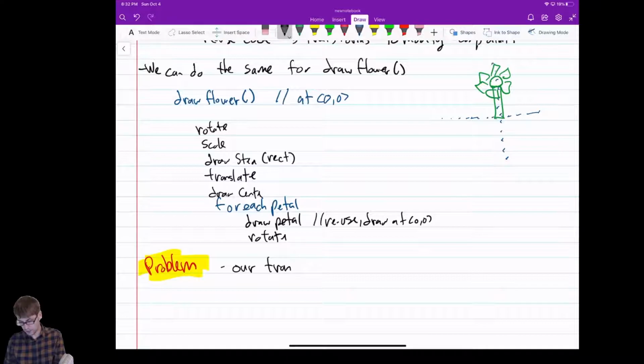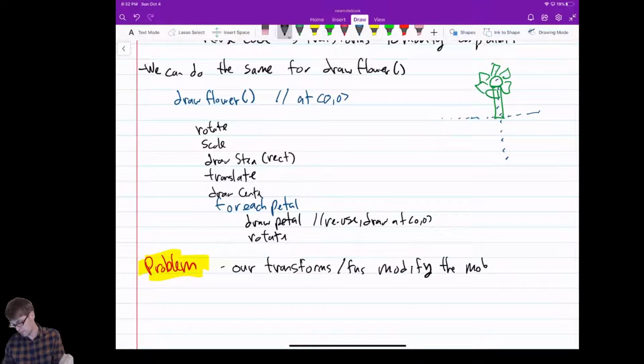Our transforms, our functions, we modified this matrix. Okay? It actually turns into a big mess very, very quickly. A function can break any other function that calls it if it messes up the matrix.